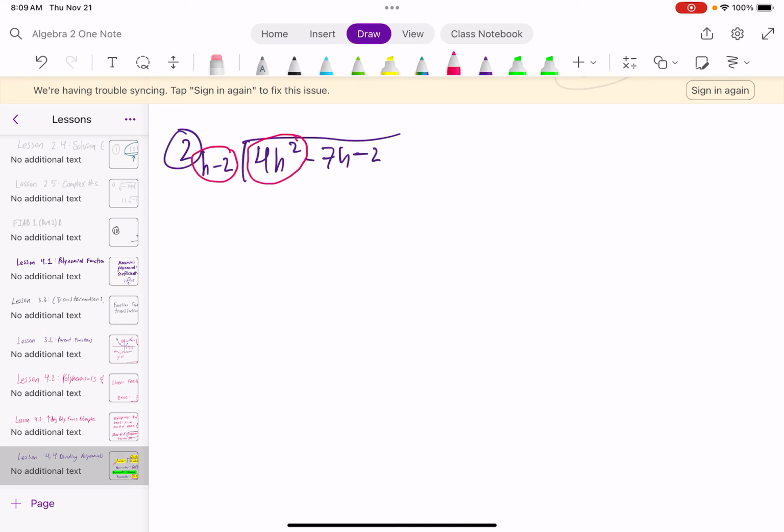I know that I'm going to need a 4 and another h. 4h times h is going to give me 4h squared. And then we're going to do 4h times negative 2, which is going to give me negative 8h.